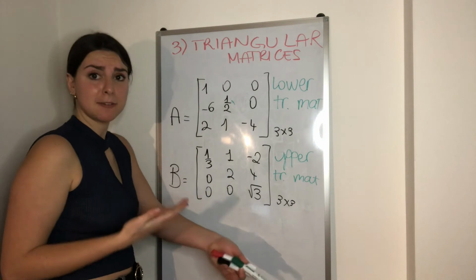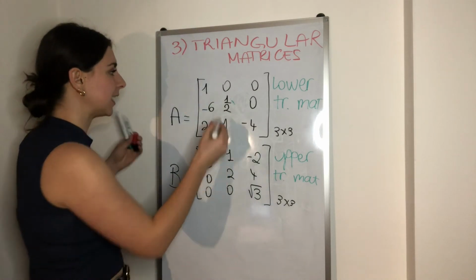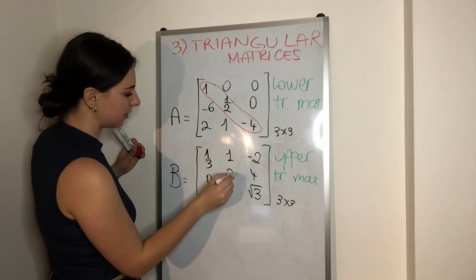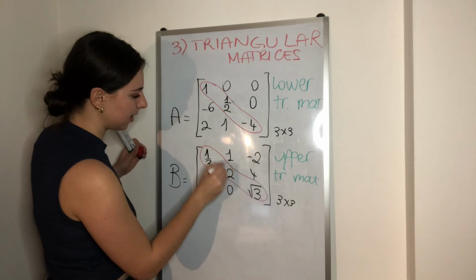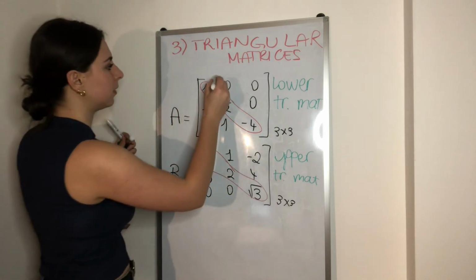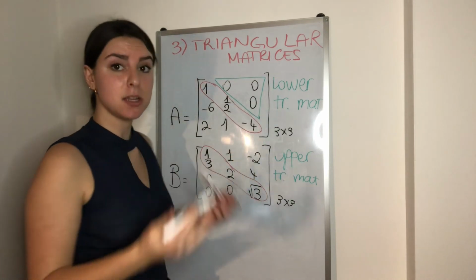Basically, what's the difference? Well, this is the main diagonal and this is the main diagonal. As you can see, we have a triangle up here made of zeros.